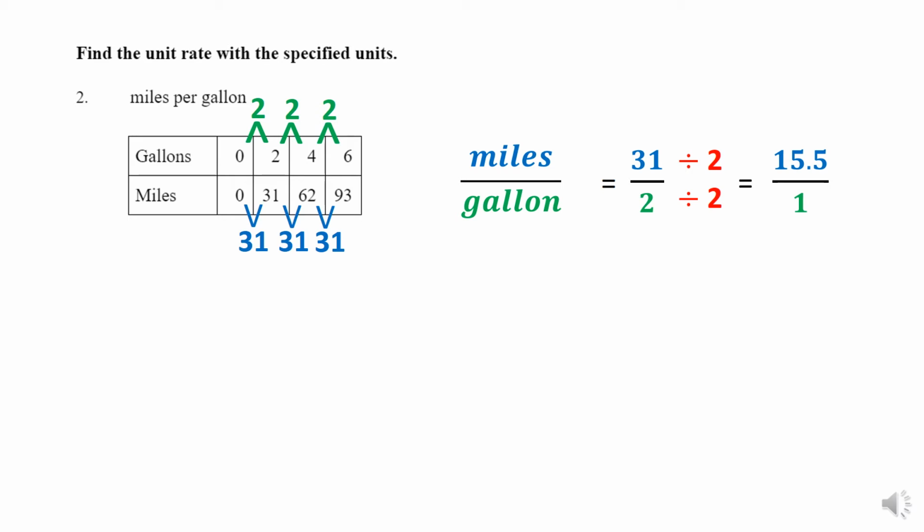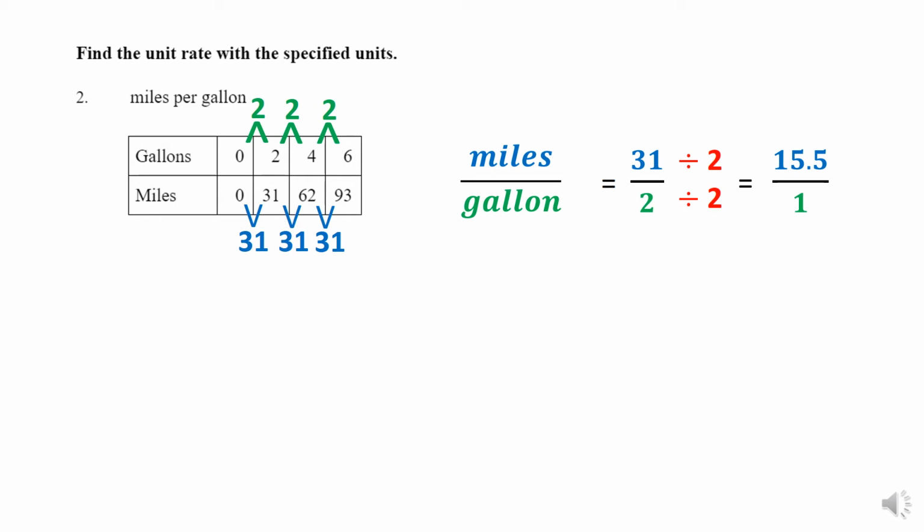We get 15.5 over 1, and you're thinking, what, why, what does he mean? Why does there have to be a 1 on the bottom? Well, nobody really cares how many miles you can get for 2 gallons or 17 gallons or 37.2 gallons. These are random numbers I'm throwing out there. We only care how many miles there are for 1 gallon.